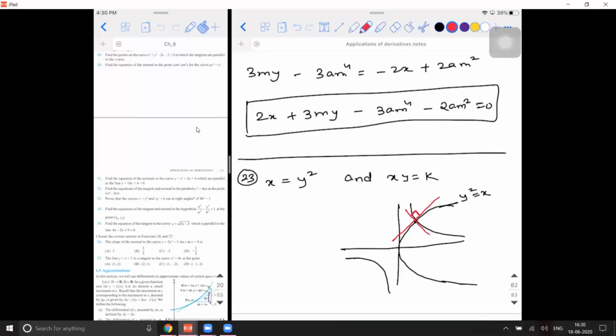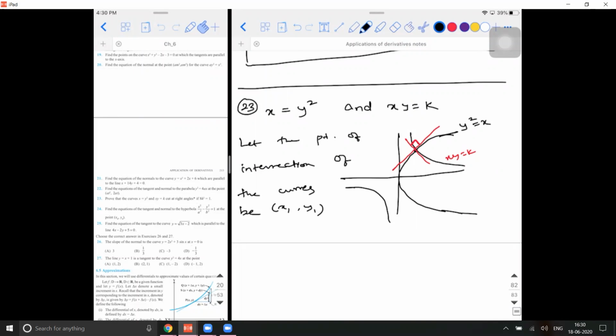So y square is equal to x is this curve and xy is equal to k is this curve. Now, I'll take it like this to avoid confusion. Let the point of intersection of the curves be x1 comma y1.